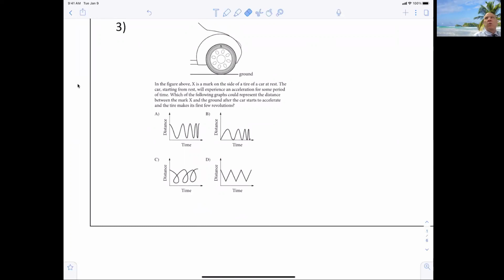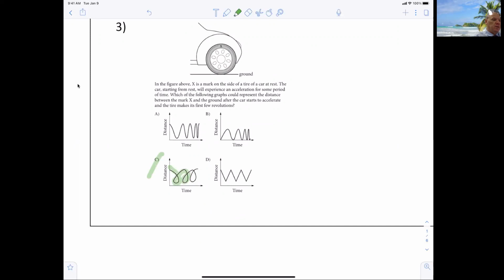If you're not seeing something, just feel free to ask. I thought for sure it wasn't C. That doesn't make any sense. The distance is never going backwards, right? And this would be kind of going backwards. Does everybody see that? That just doesn't make any sense.